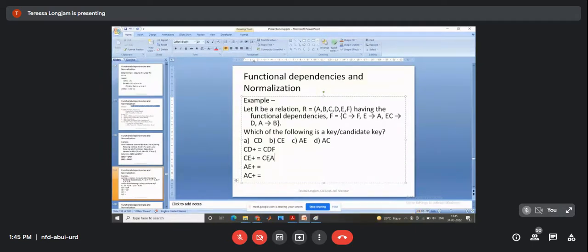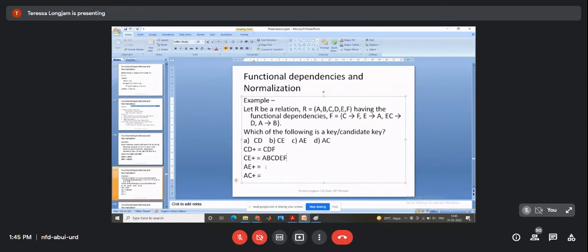CE, and then it will have A, and then F, and then D, and then B will also be there. Instead of writing like this, let me write A, B, C, D, E, and then F. CE can determine all the attributes.